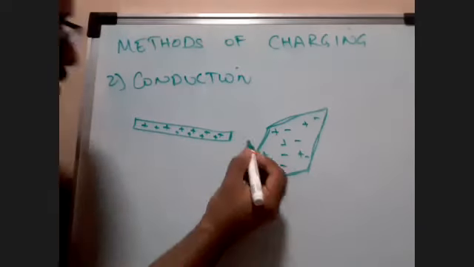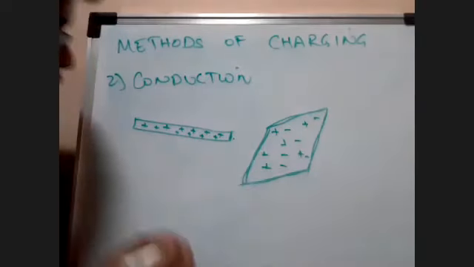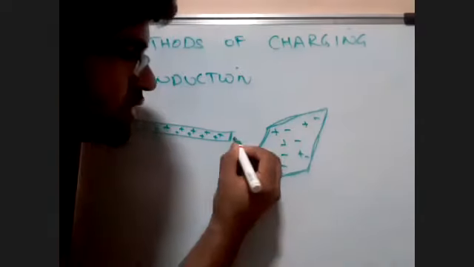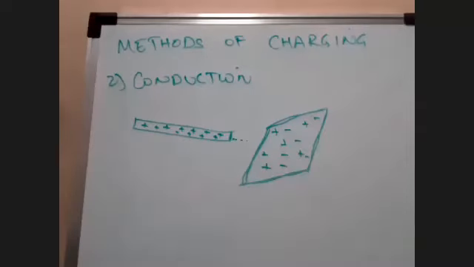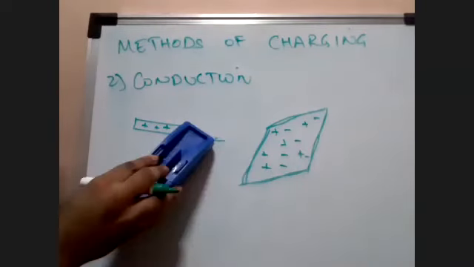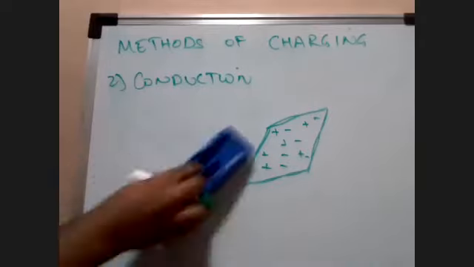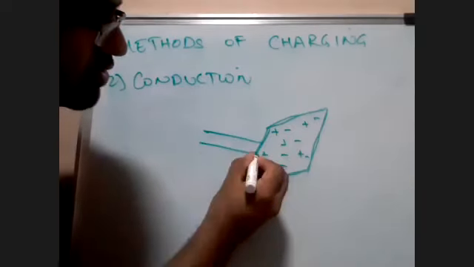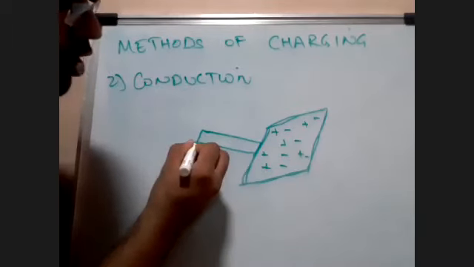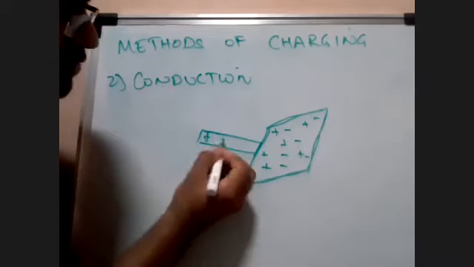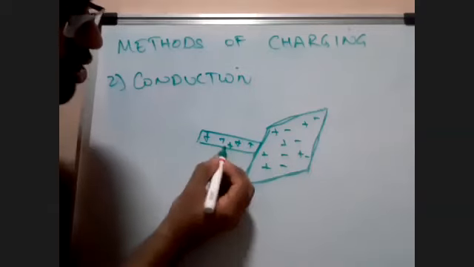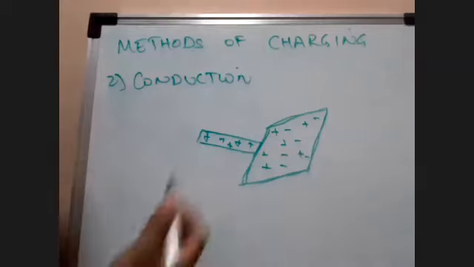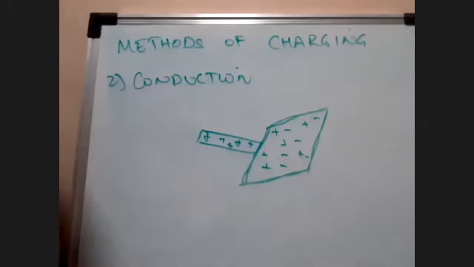When you bring this in contact with it, what will happen? When you take this rod and touch the plate with the positively charged rod, all these positive charges, since they are all positive, are going to repel each other.